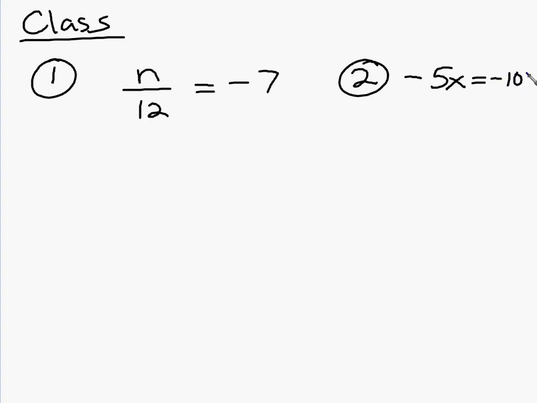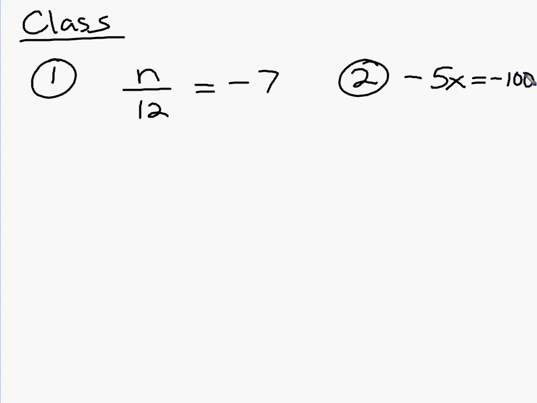n over 12 equals -7. There's the first one. Here's the second one. -5x equals -100.